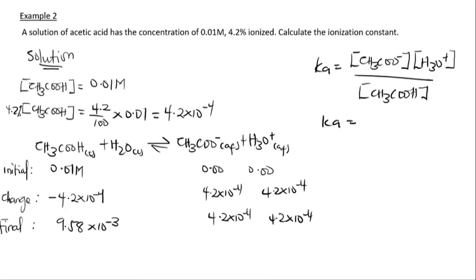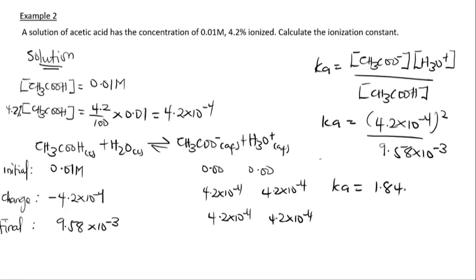Then our Ka will now be equal to the concentration of the acetate ion and then the hydronium ions are 4.2 times 10 raised to the power minus 4 squared divided by the concentration of the acetic acid that is left in solution, which is 9.58 times 10 raised to the power minus 3. So our Ka value in this example is 1.84 times 10 raised to the power minus 5.